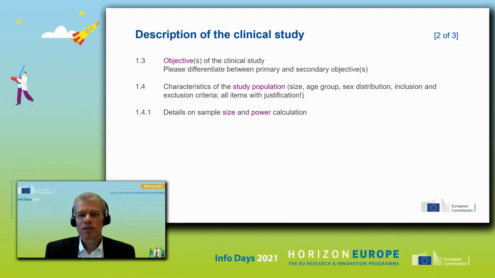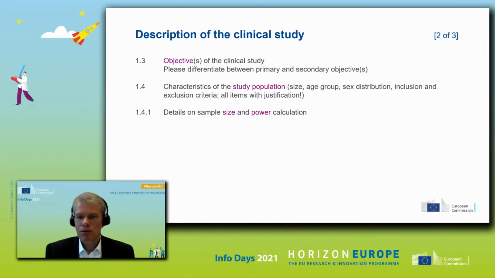And for all these items, when you are describing the study population, for each of them, we really like to see some justification. It doesn't need to be very detailed, but if you have figured out already what the characteristics of the study population are, then you really need to think about it.